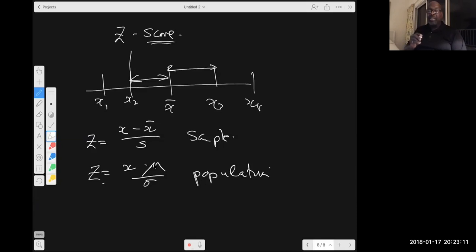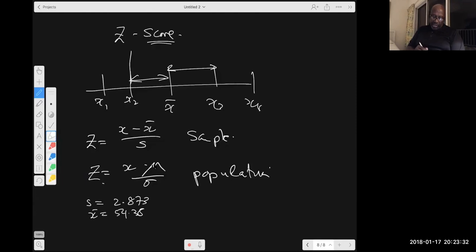So that's the Z scores. And we could actually take the examples that we did, because I think we found in the example that we did, our S was 2.873, I believe. Our X bar was 54.38.